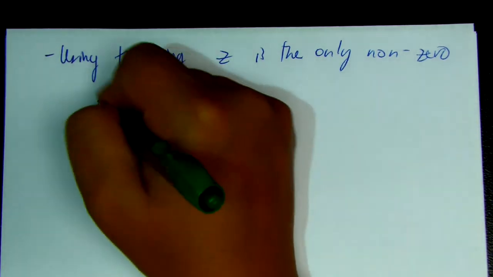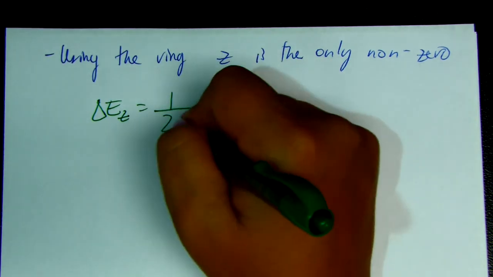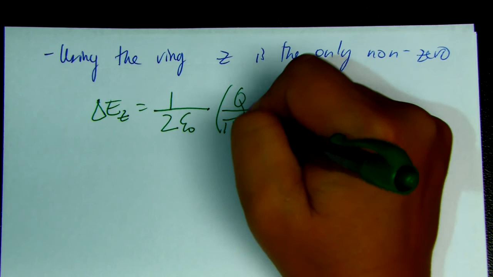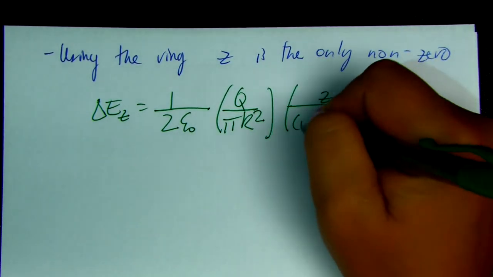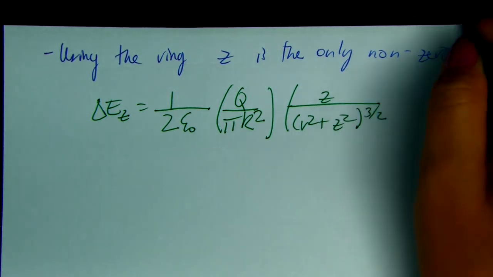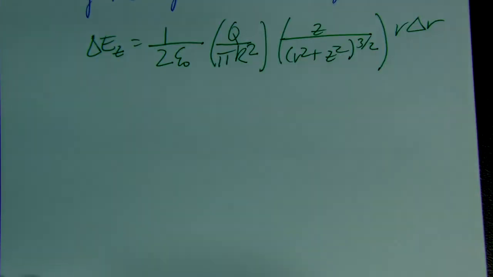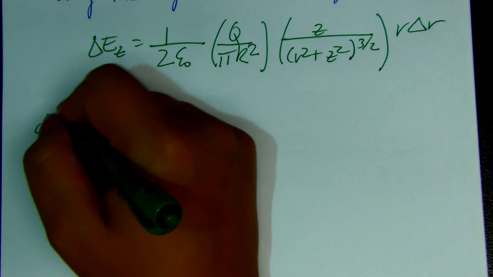Okay, so delta E sub Z is equal to 1 over 2 epsilon naught, Q over pi r squared, times Z over r squared plus Z squared to the power of 3/2, times r delta r. And then to get this ready for integration, we're going to convert it into dE.